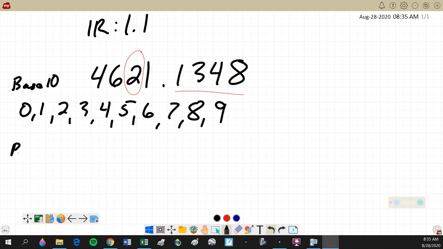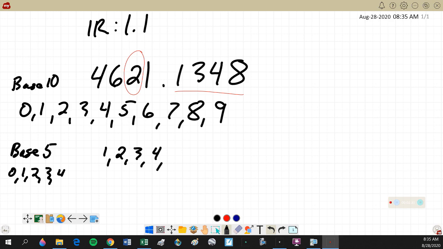What if I did base 5? Let's count in base 5. So base 5 is 0, 1, 2, 3, and 4. Okay, so I'm counting 1, 2, 3, 4. What comes next?